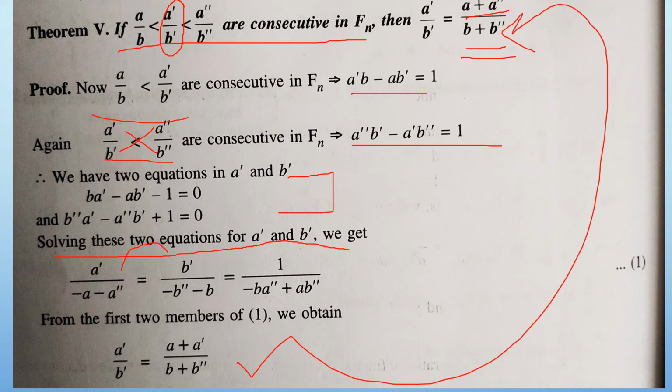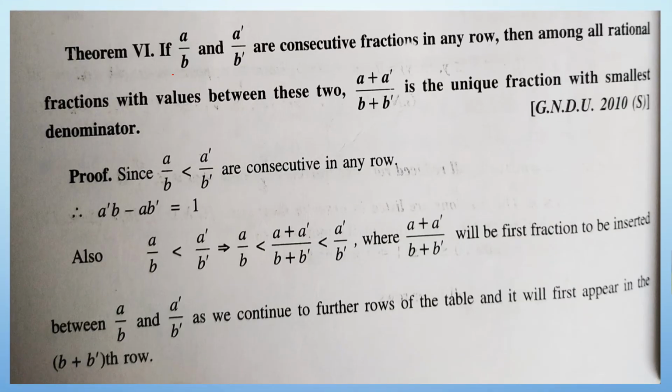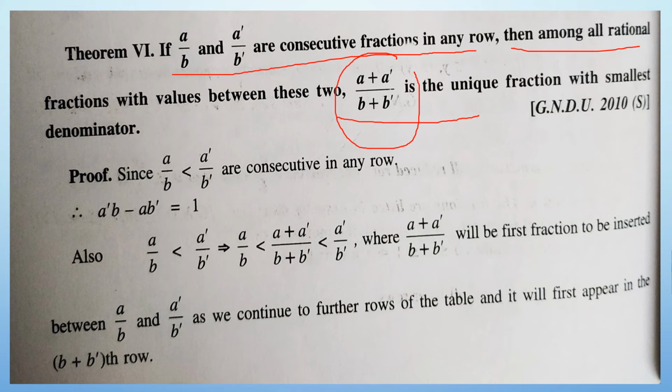That's proved. Now theorem number 6: if there are two consecutive fractions in any row, then among all the rational fractions between them, this is the unique fraction with the smallest denominator. If there are two consecutive fractions, then we have to show that it is the only unique fraction lying between them with the smallest denominator.